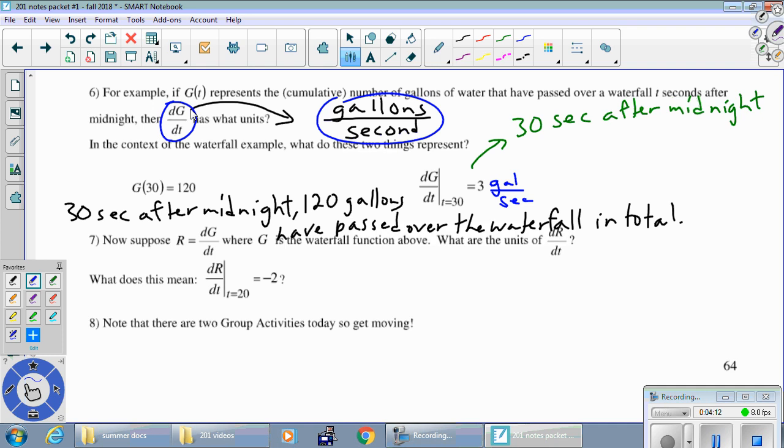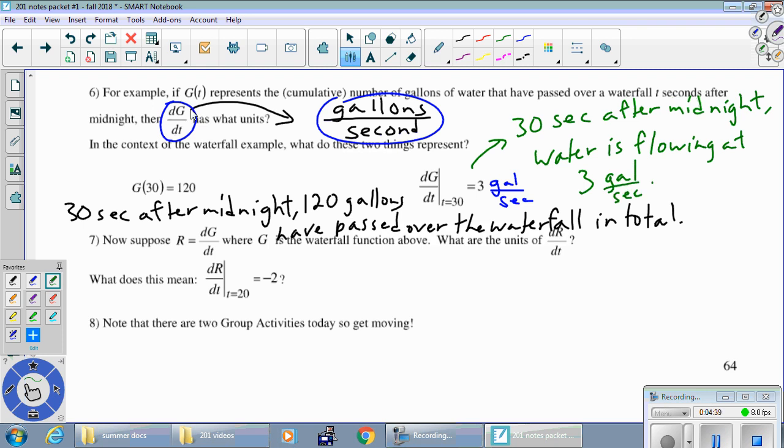Something is changing at 3 gallons per second. What is changing? The number of gallons that have passed over the waterfall is changing at 3 gallons per second. Or said a little bit less awkwardly, the water is flowing over the waterfall at 3 gallons per second. So 30 seconds after midnight, water is flowing at 3 gallons per second.